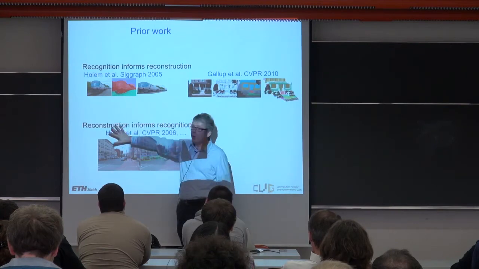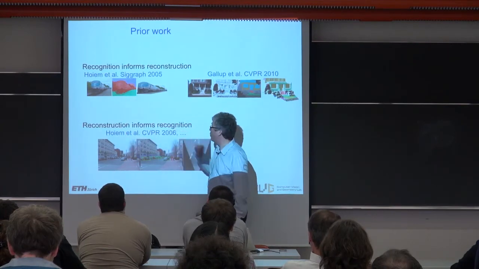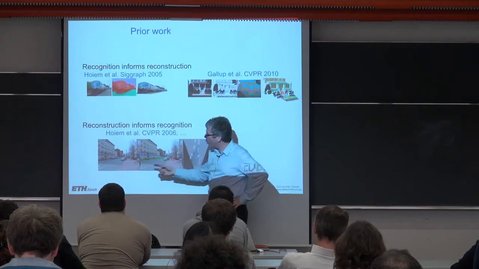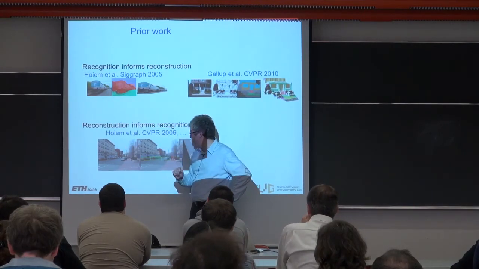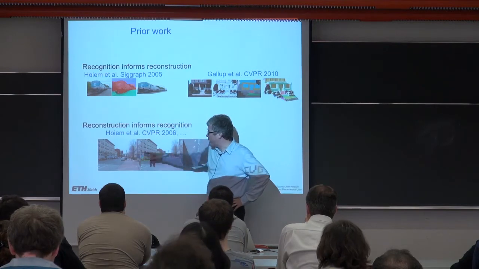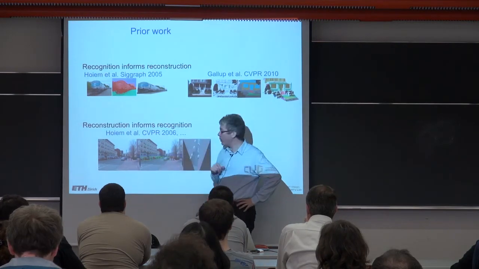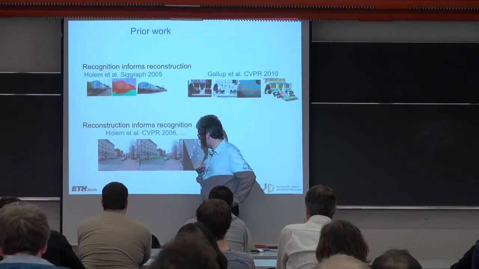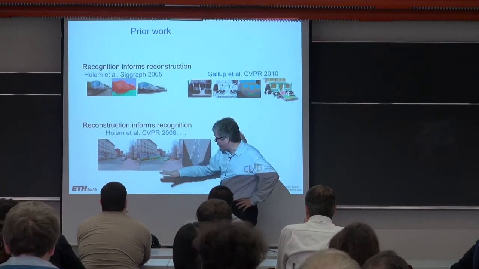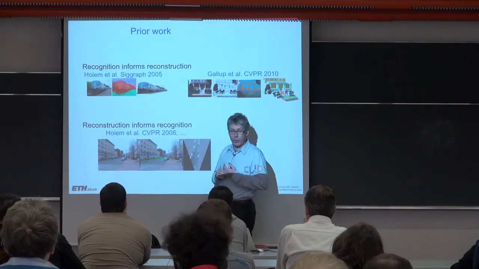Also the other way around, you can use reconstruction to help with recognition. For example, in this work here, what again Hoiem et al. did was, from an image like this, they would do an analysis from the vanishing points, so get geometric information out that calculates that the horizon is here, and essentially also have a ground plane reconstructed in this process.